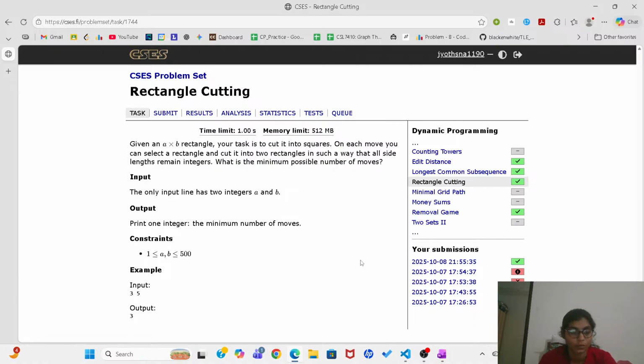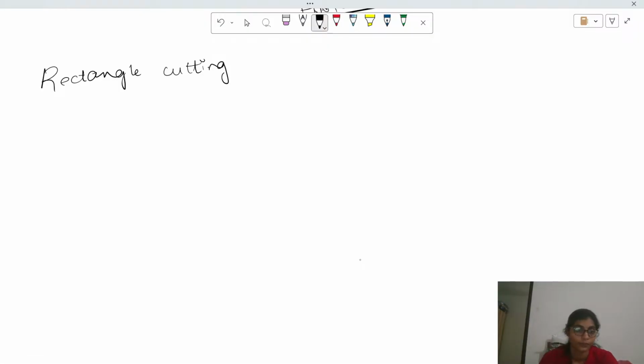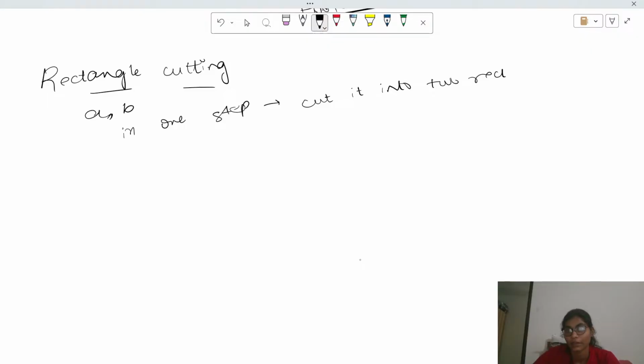We're given A and B, and in one step we can cut it into two rectangles.